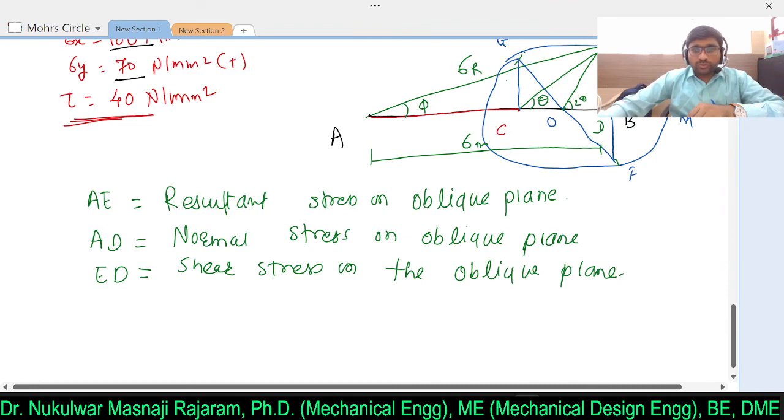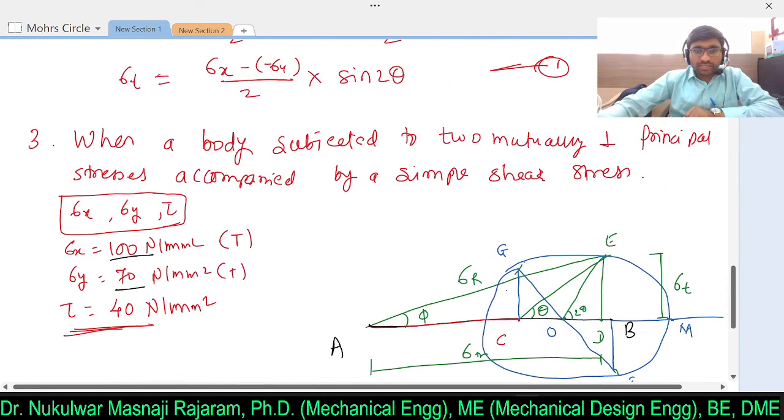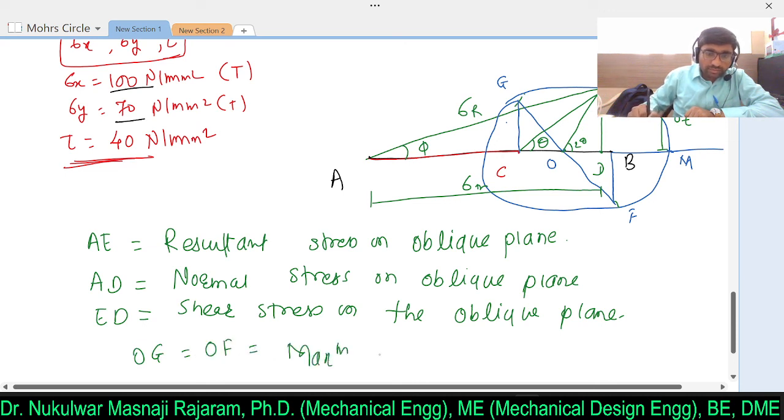So if you try with analytical also, you will get the same thing. So it is the simplest method to find out the resultant normal shear stress, maximum shear stress. So here we can say this OG, that is equal to OF, that will be the maximum shear stress. Clear?